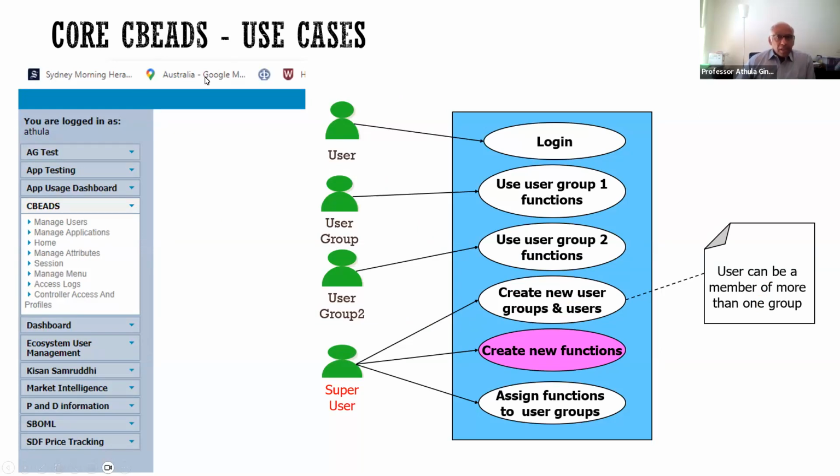And the main thing is it has the menus and it has the use cases. One use case is we can create a function or a use case within the system. So in the runtime system, we can keep adding use cases and we can create data models within the system.